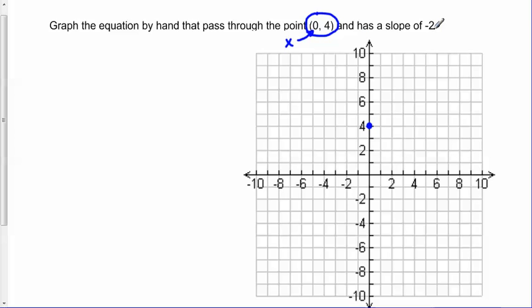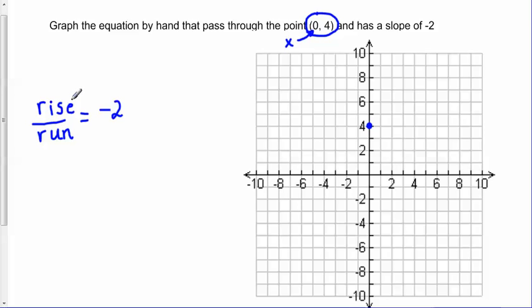Now we have our slope of -2. And so remember that the idea of slope is this idea of the rise over the run. That's how slope kind of breaks down. But notice that it's a little bit strange because they just told us that the slope of the line is -2. So I'm wondering, well, is that the rise? Is that the run?